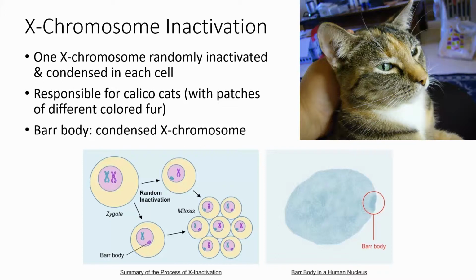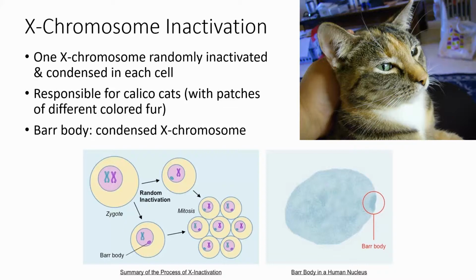And so these cells that have a random Barr body inactivated will then go on to produce more cells by mitosis, and in each daughter cell, the same X chromosome is going to be inactivated. What that can end up showing you is, for example, in cats, and this picture happens to be one of my dearly departed cats.